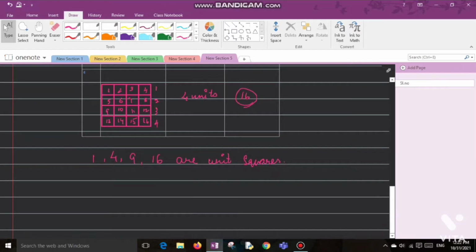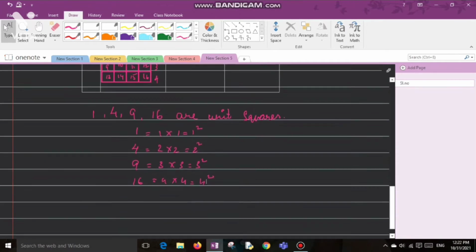These numbers can be expressed as 1 is equal to 1 into 1, which is nothing but 1 square. 4 is 2 into 2, which is 2 square. 9 is equal to 3 into 3, 3 square. 16 is equal to 4 into 4, which is 4 square.